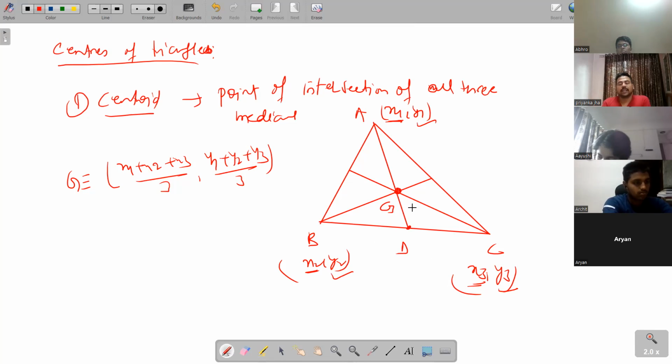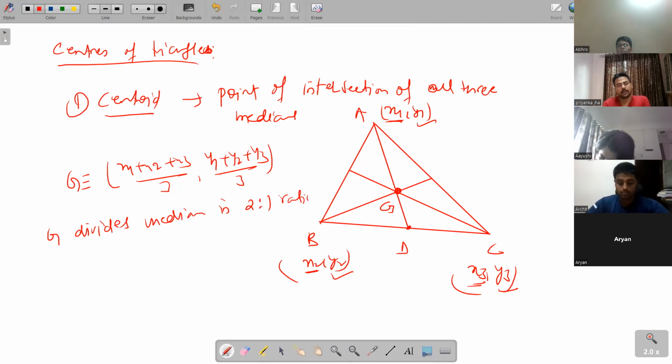Now, centroid G divides the median in 2:1 ratio. Very important point. This will be 2:1, this will be 2:1, this will be 2:1. So the centroid will always divide the median in 2:1 ratio. You have to remember this.